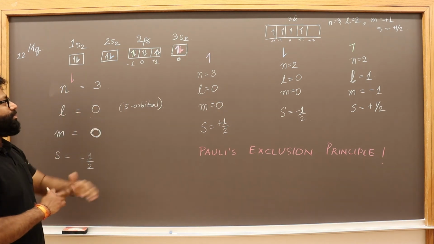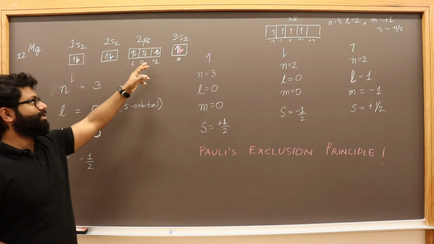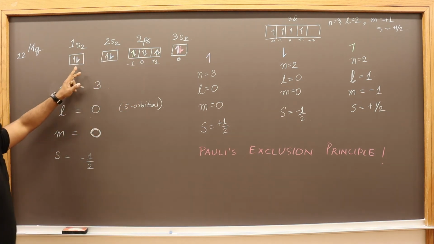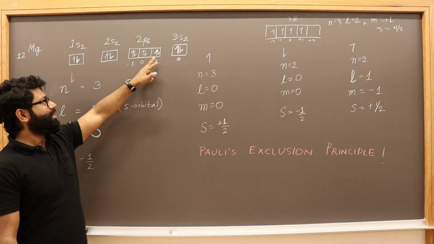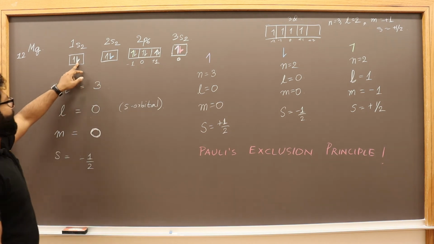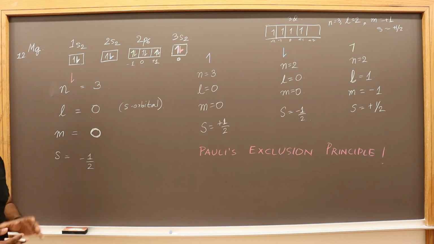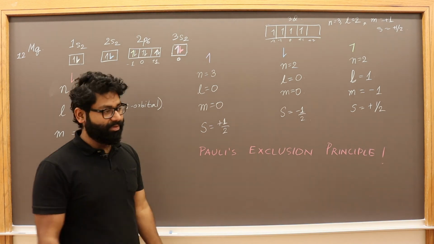The azimuthal quantum number is different too: it is 0 here, and 1 there because it's a p orbital. The magnetic quantum number is 0 here and 1 there. The spin is plus half here and minus half there. So you see, it can happen that all 4 are different, but none of them will have all 4 similar. This is basically Pauli's exclusion principle.